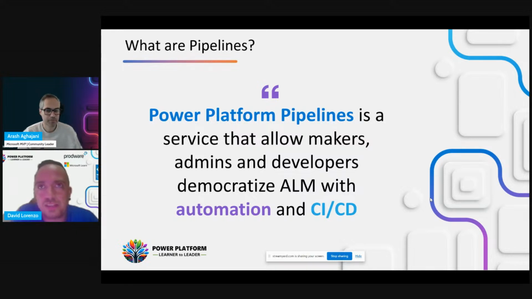So we need to ensure that the solutions get deployed from the development environments to the downstream environments, testing environments, production environments, in a unified way, without errors and without misalignment of the solution in the different environments. With Power Platform pipelines, we will get this done in a few easy steps that we will see today.